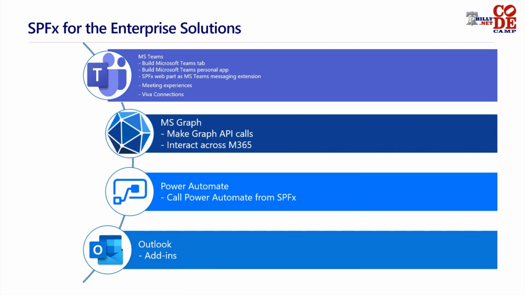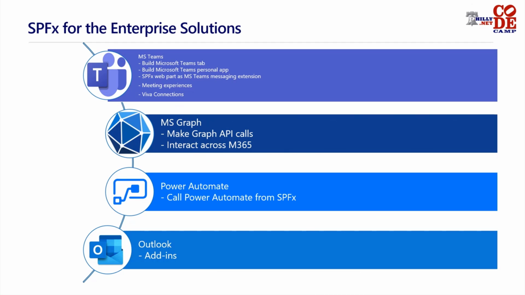At the same time, we can create the messaging extension for Microsoft Teams using an SPFx web part. But not limited to that, with the recent releases of SharePoint Framework versions, we can also create meeting experiences with SharePoint Framework, as well as the Viva Connections extensibility model with SPFx. So we are going to have a demo of each of those sections that we have talked about.